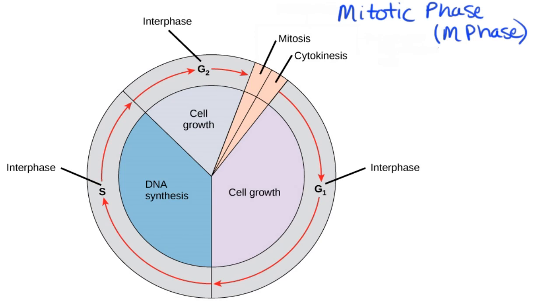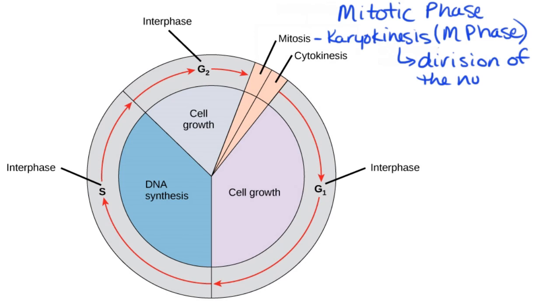We have what's called mitosis. Another word for that is karyokinesis. Okay, so karyokinesis is just another way to refer to mitosis. With the mitosis process, and mitosis is the way that I'll refer to it, that is really division, specifically of the nucleus.